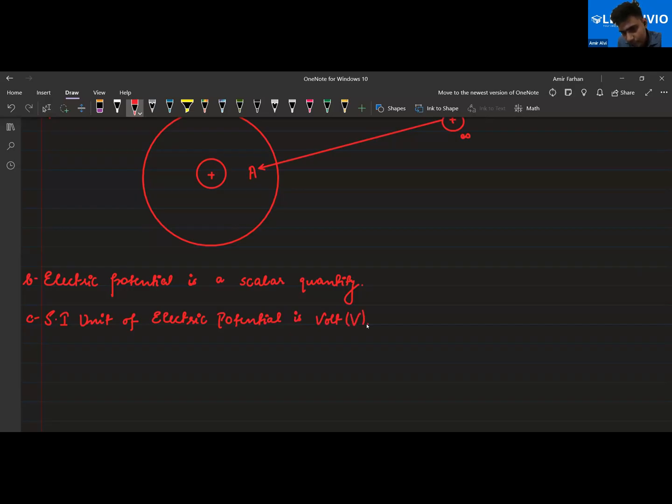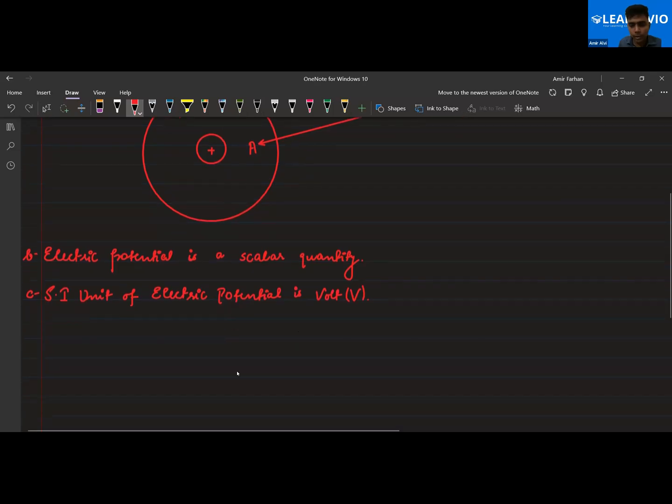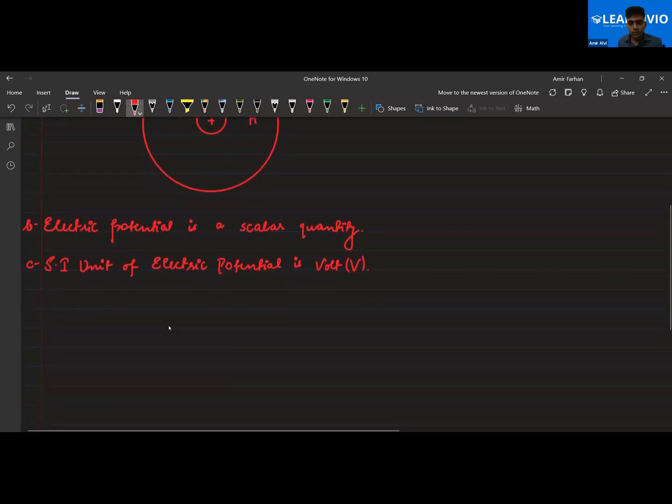It is capital V. Okay. So this is the SI unit of the electric potential. Please do let me know everyone if it's clear to you or not. Yes. Clear so far, Alvina, Mariam, Zainab, Aisha. Yes, sir. Sure.